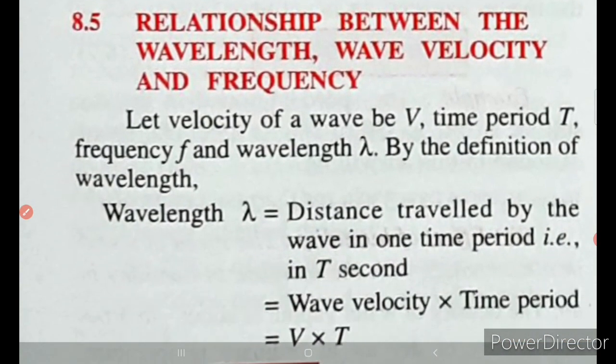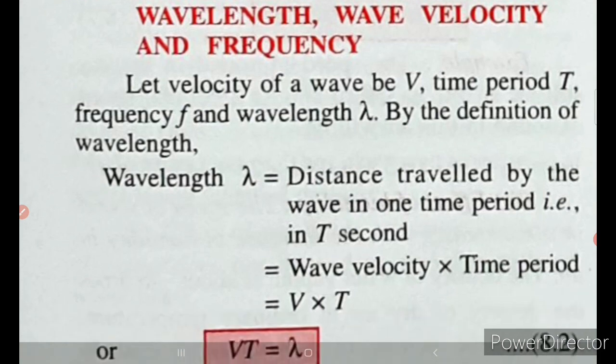The wavelength, from the definition, is the distance traveled by the wave in one time period, or T seconds. To explain this, you need to know the definition of wavelength. Wavelength is the distance traveled by the wave between two consecutive crests or two consecutive troughs, and the wave velocity is the distance traveled by the wave in 1 second.